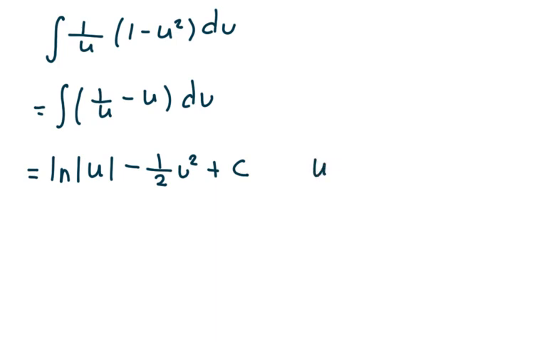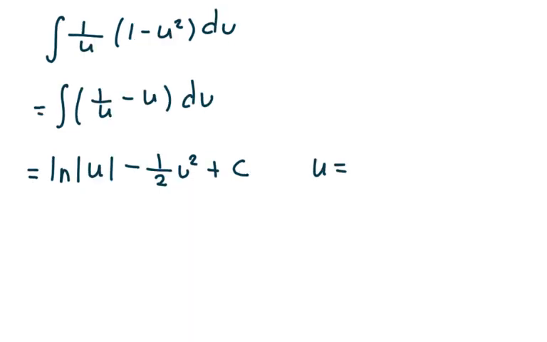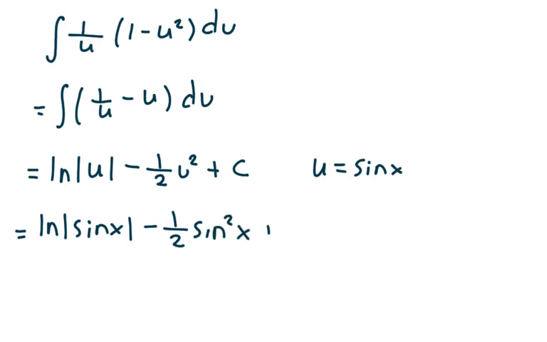But remember, u is equal to sine of x. And so, let me put sine of x here. So this is natural log of the absolute value of sine x minus 1/2 sine squared x plus c.